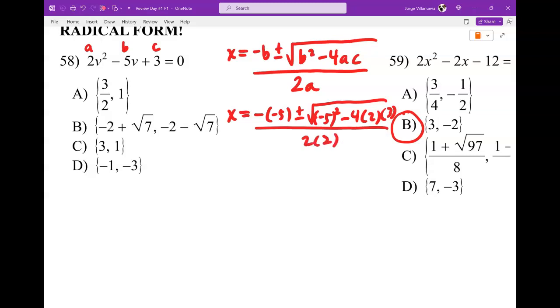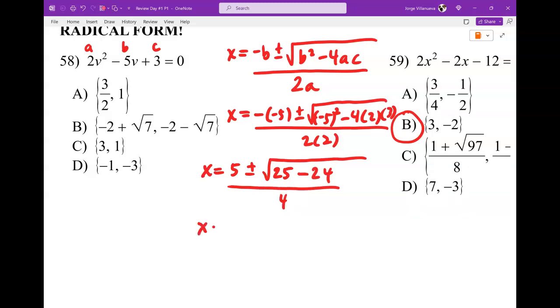That's 2 times 2. So x is positive 5 plus or minus the square root of 25. 4 times 2 is 8 times 3 is 24, so negative 24 in there, over 4. 25 minus 24 is 1. And the square root of 1 is 1.